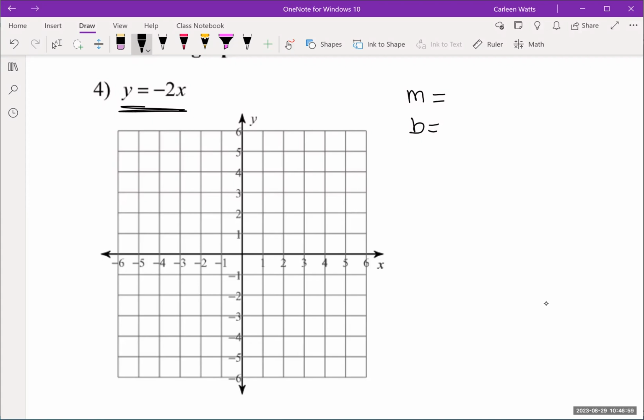Okay, so we're going to say -2/1, because we know it's rise over run. Now I'm going to add +0, right? Adding 0 doesn't change the value. So now what is the y-intercept of this line?